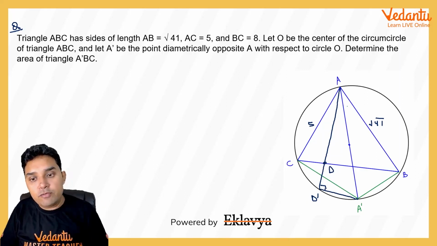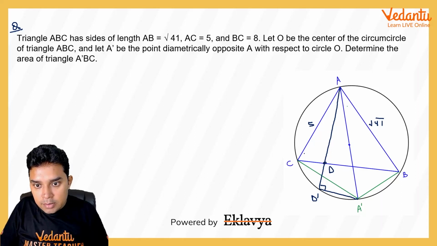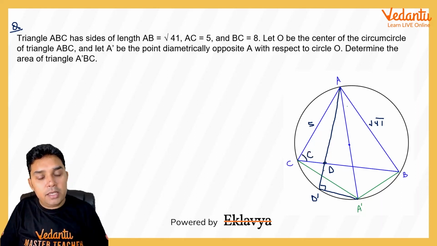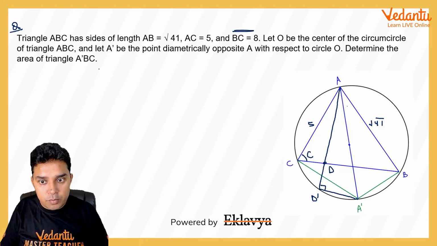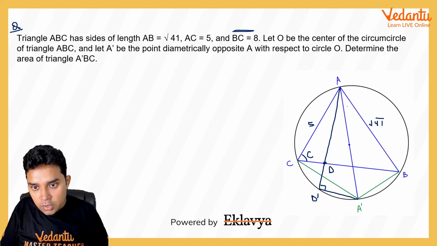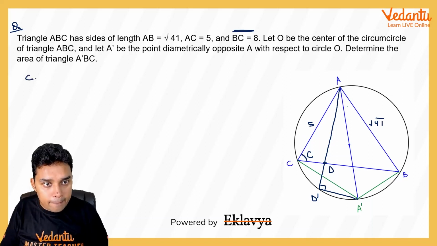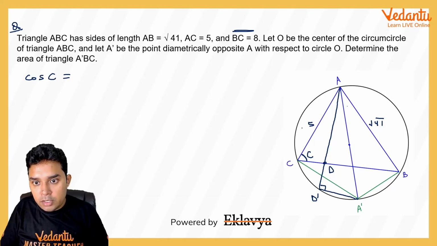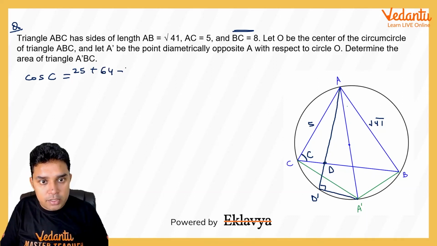Okay, and how we can find DD dash, please understand. We can find the angle C using cosine rule because we know BC is also 8. So please see, once we know the cosine of this C, it will be how much? 5 square, so 25 plus BC square, that is 64, minus AB square, that is 41, and upon 2 times 5 into 8.